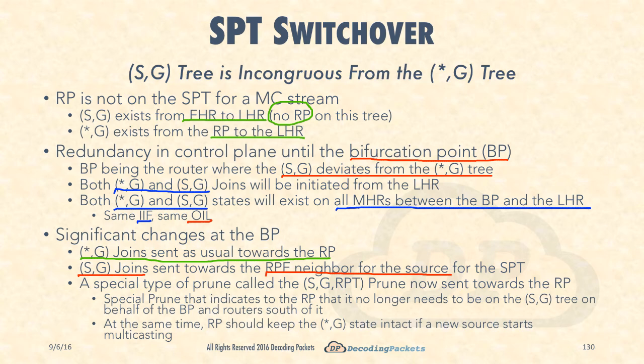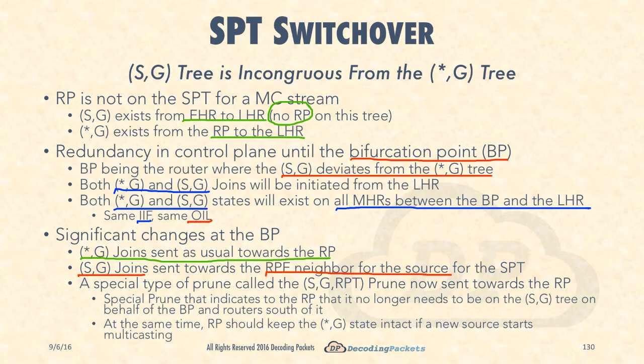So you really don't need to keep receiving that stream on the RPT, because the RP still has its own S,G. You still have a *,G from the last hop router to the RP. And because of that, you may start getting two copies of it. So the bifurcation point has the responsibility to tell the RP that you don't need to send the stream for this particular S,G, this particular source, on the *,G anymore.